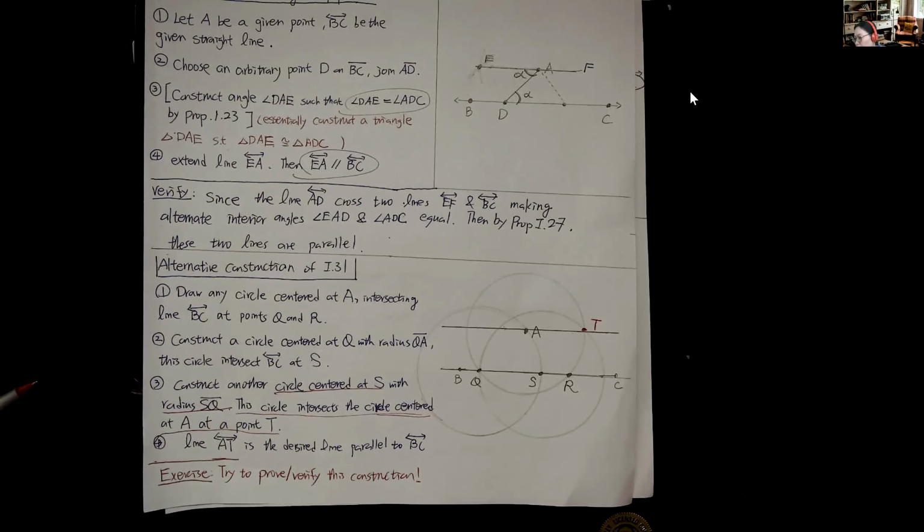With a lot of circles, you're going to have a lot of equal sides, and probably the proof is going to use proposition 1.27 again.